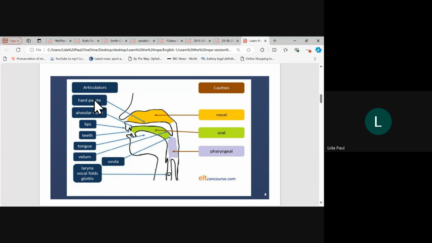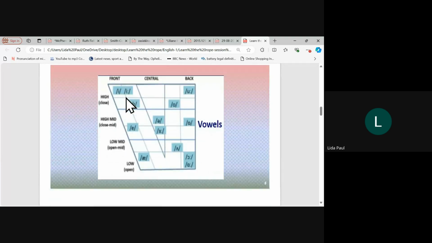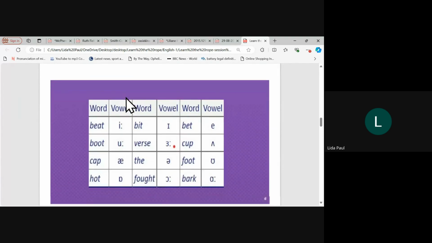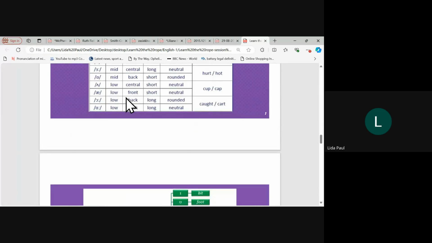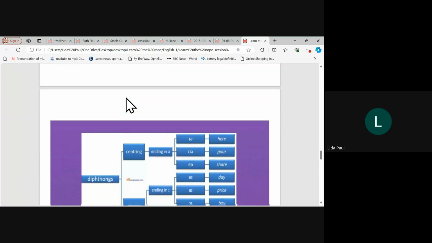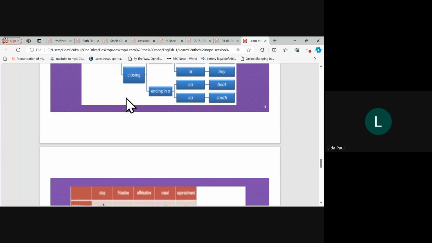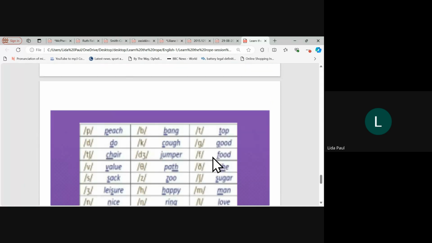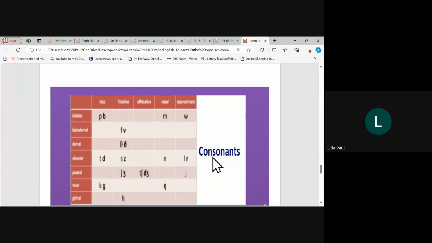Places of articulation basically means that as the air flows out of your oral or nasal cavity, whichever point in the cavity the air gets obstructed, that becomes your articulator. These articulators in turn obstruct the air in order to help you produce the sounds. So you have bilabials.